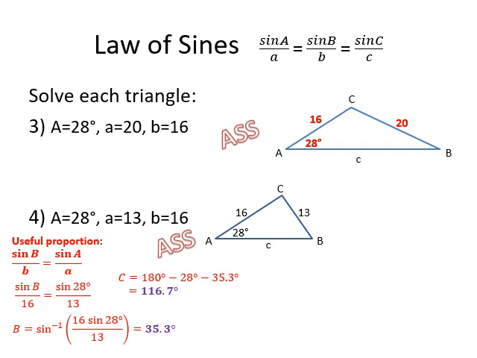And then we can, of course, subtract those two from 180 to get angle C. And then with angle C, we now can find side C. So side C, we use this proportion. And then if we multiply both sides by sine of 116.7 degrees, we would get side C of 24.7 units.